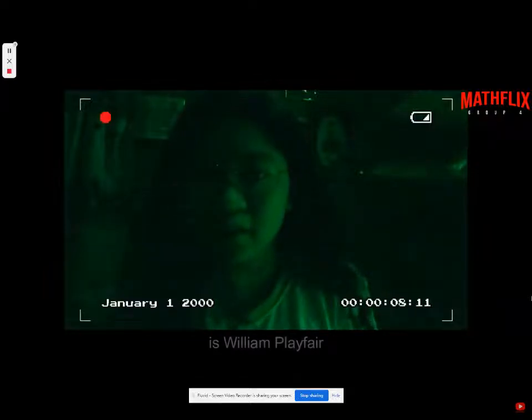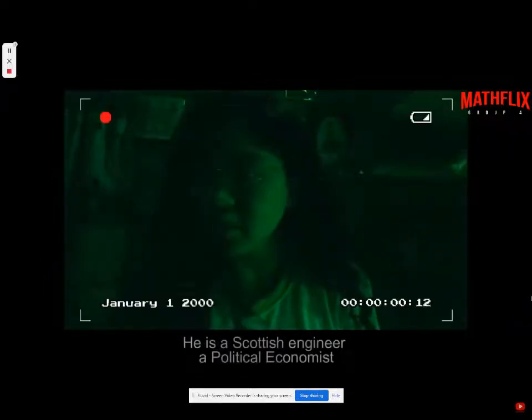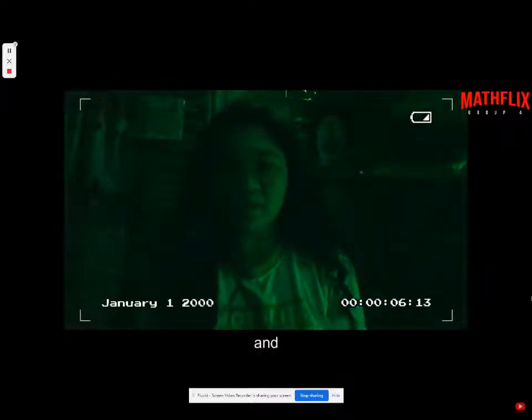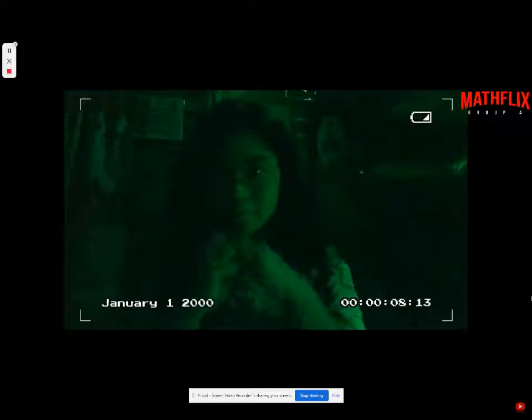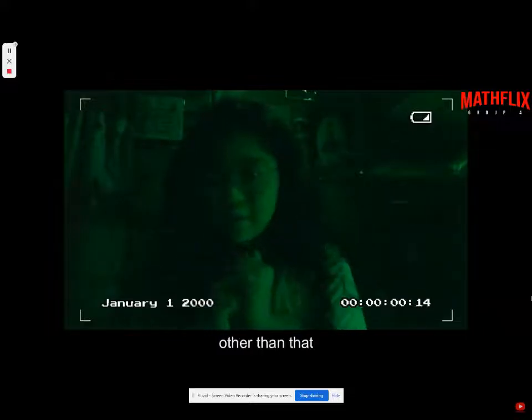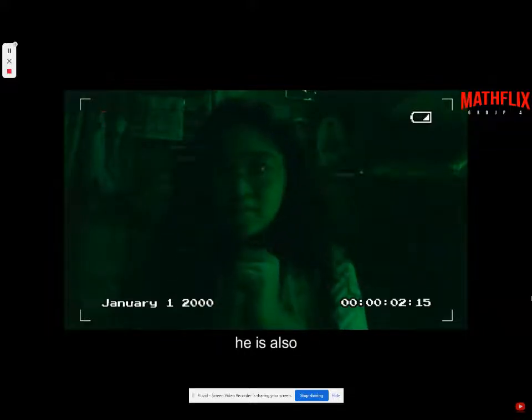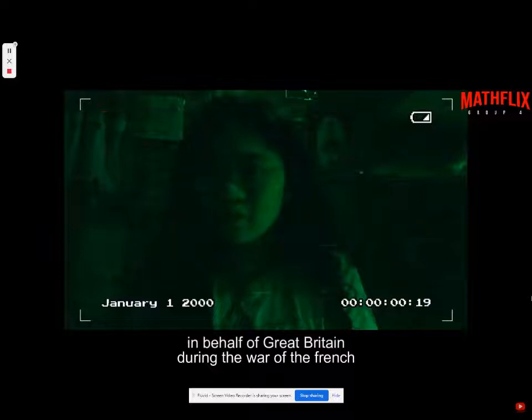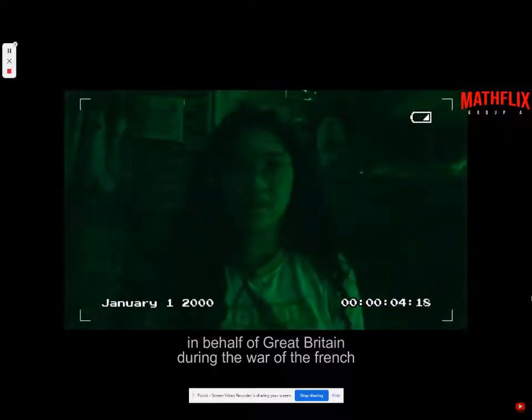is William Playfair. He's a Scottish engineer, a political economist, and other than that, he is also a secret agent on behalf of Britain during the war with the French.